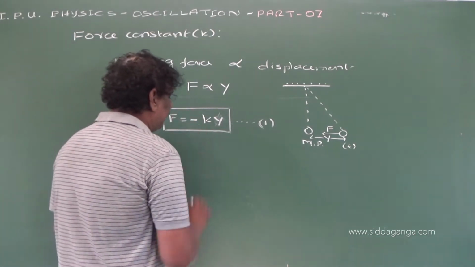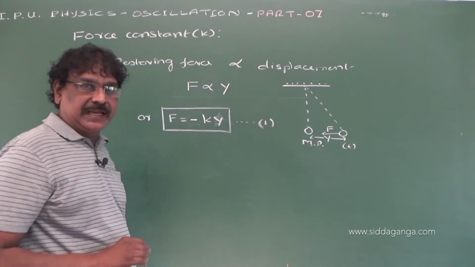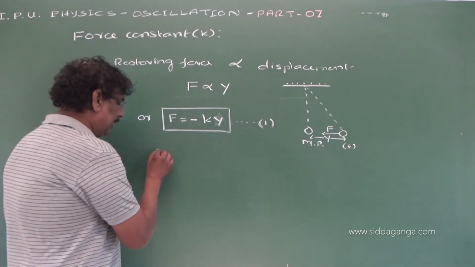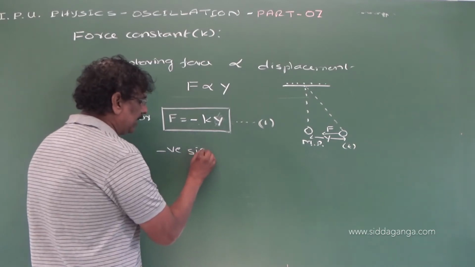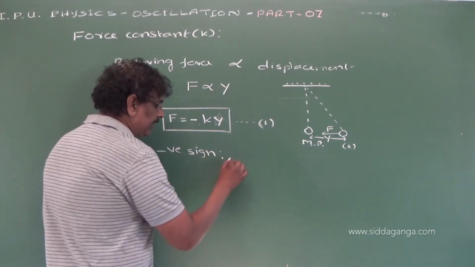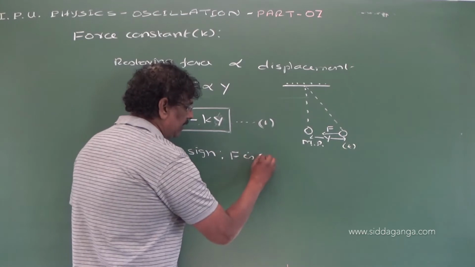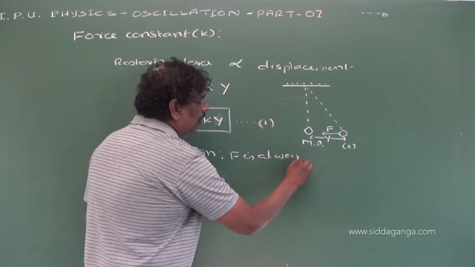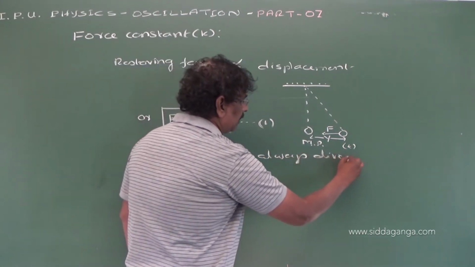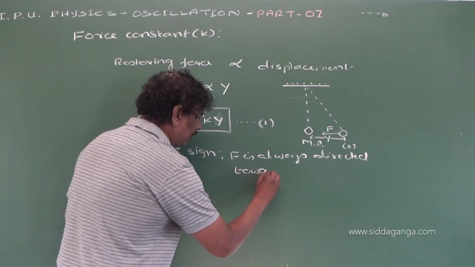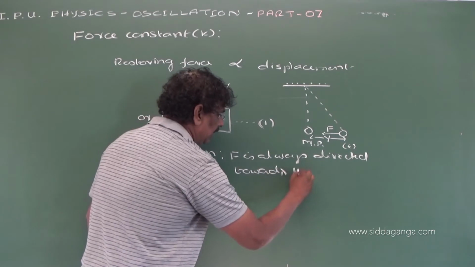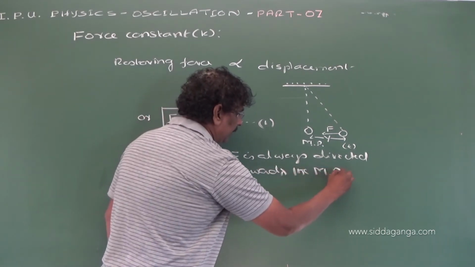Here we have two things. One is the negative sign. The negative sign indicates that F is always directed towards the mean position.